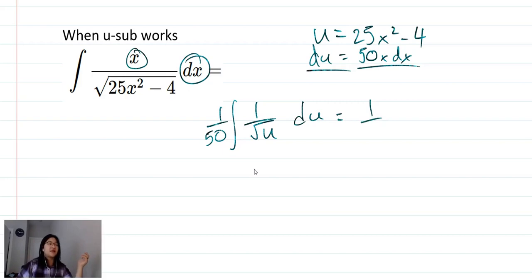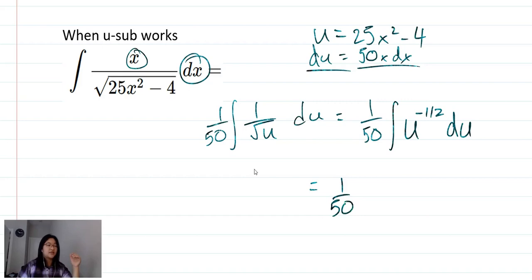Let's rewrite that radical as a rational exponent, just because I think it's easier to handle. So we get u to the negative 1/2 power, because it was a root u in the denominator, so to make it not in the denominator, we negate. And then we get u to the 1/2 divided by 1/2, so 1 over 50 times 2 over 1 u to the 1/2 plus c, and then 25.